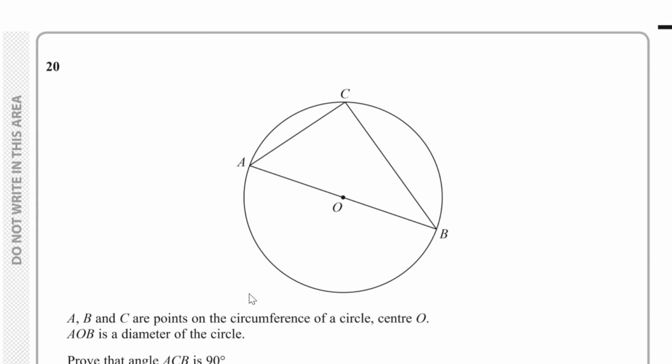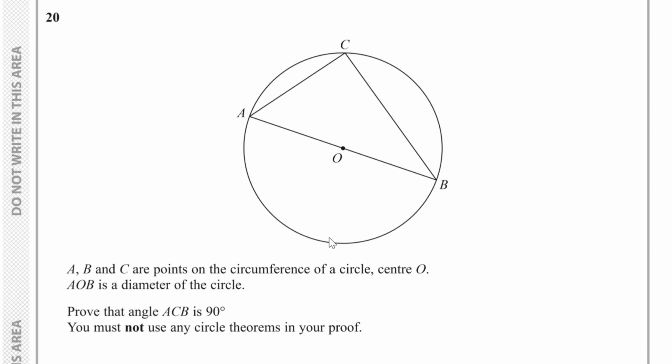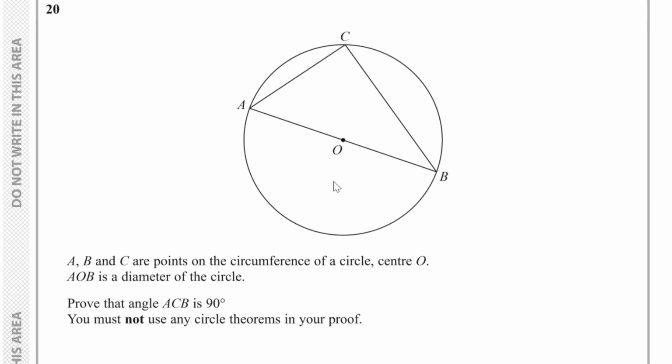Question number 20. We've got A, B and C, which are points on the circumference of a circle with centre O, and AOB is the diameter, and we have to prove that the angle ACB, that's this angle here, is 90 degrees. You must not use any circle theorems in your proof.